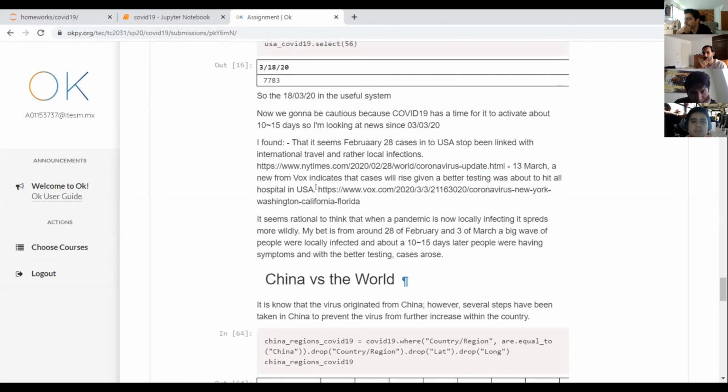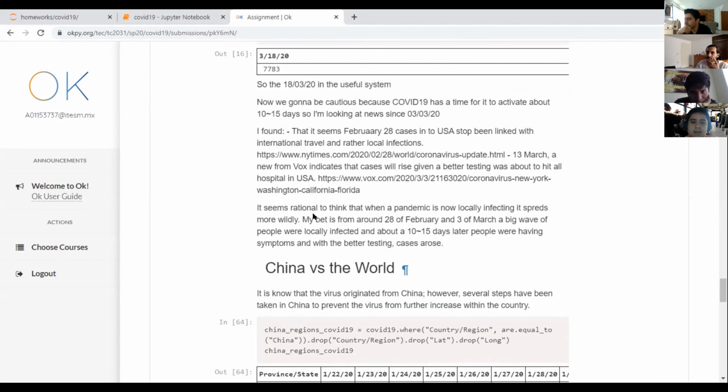So this led me to think that the new quantity of cases reported since that day was linked to local infection in the United States, no longer to international cases. And the testing and the protocols to detect these people have been increasing in quality, so more people have been detected and fewer have been under the radar.